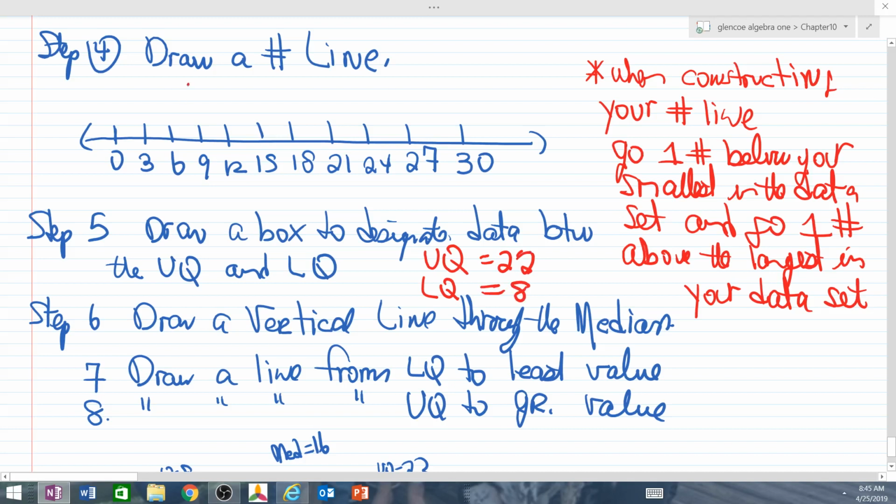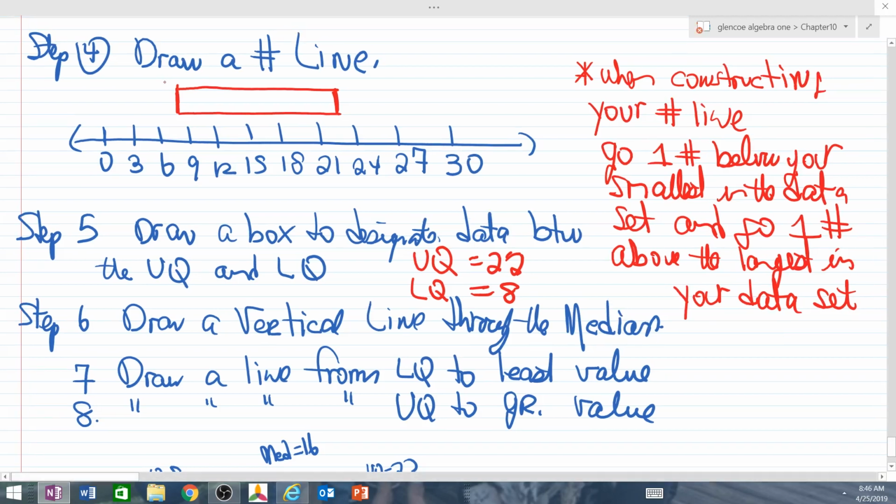So we're going to estimate that 8 is about here, that 22 is about here, and we're going to draw a box. Hence where we get the name box and whisker plot. So we might want to put here that this is 8, lower quartile, upper quartile equals 22.